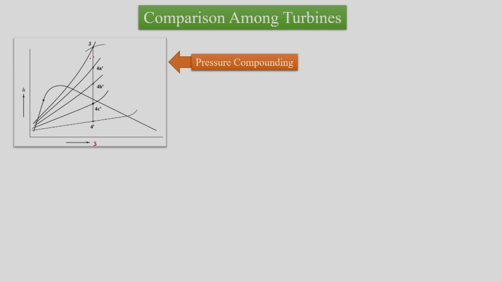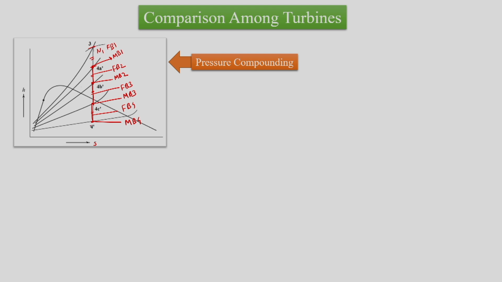If we have 1, 2, 3 and 4 stages of pressure compounding, then first nozzle will have this enthalpy drop and then this point corresponds to moving blade 1, then this line corresponds to fixed blade 2, this point corresponds to moving blade 2, this line corresponds to fixed blade 3, this point corresponds to moving blade 3, this line corresponds to fixed blade 4 and this point corresponds to moving blade 4.